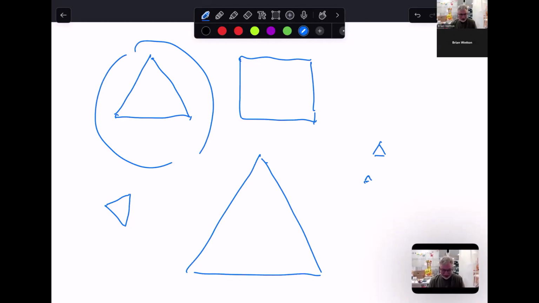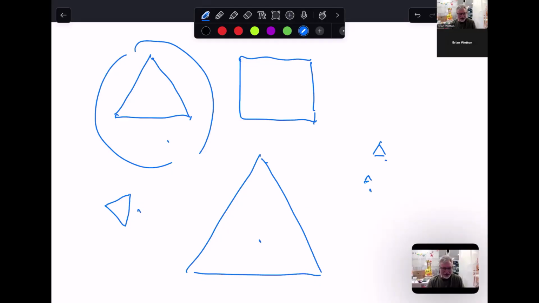And I get to say all of these have the same shape. Of course, 1, 2, 3, 4, 5, those are 5 different triangles. But if I'm allowed to take them and translate them, that means move them, and rotate them and scale them, then I can make them all look exactly the same. So that's what we mean by the same shape, even though the triangles themselves are different triangles.